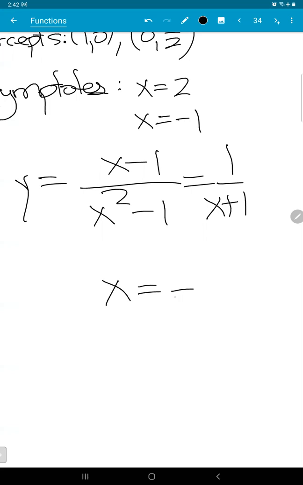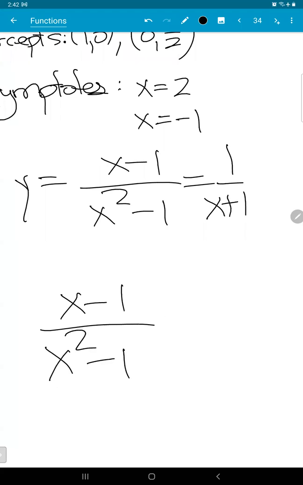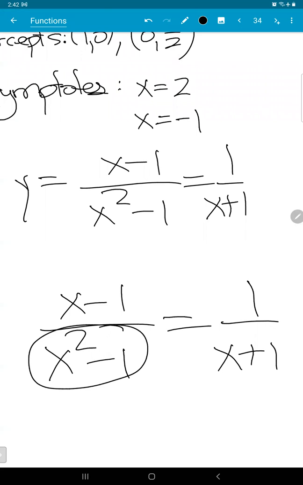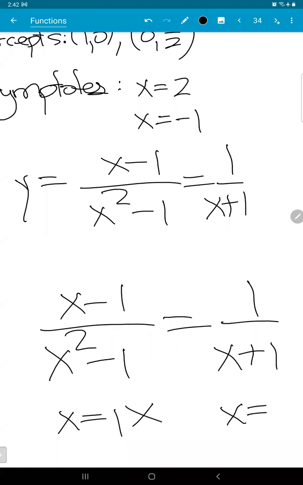Tingnan mo ito yung dalawa, ito yung original expression, ito yung kinancel na expression. Hindi sila eksaktong parehong-pareho. Kasi ito undefined sa negative 1, pero ito hindi siya undefined sa x equals 1. Elsewhere, they are the same because you can cancel out.